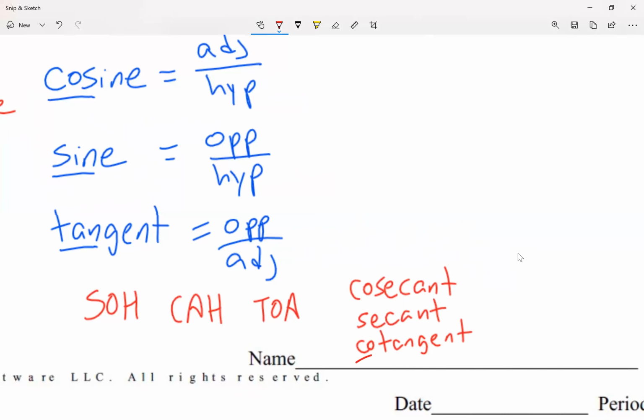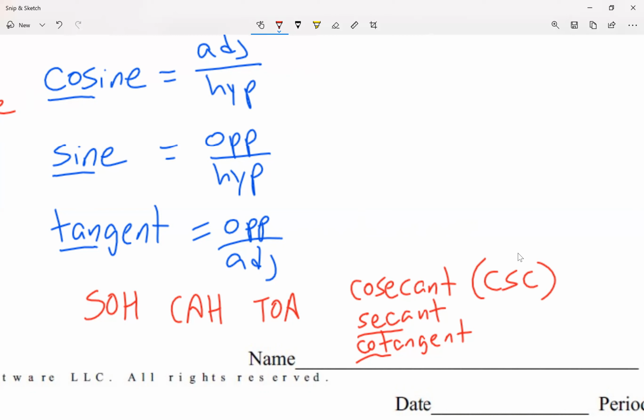Cotangent and secant we can abbreviate using the first 3 letters. Cosecant we're not going to, because with the first 3 letters, COS, we don't want to get confused with cosine. So we're going to abbreviate that as CSC. Now look at cotangent, COT.